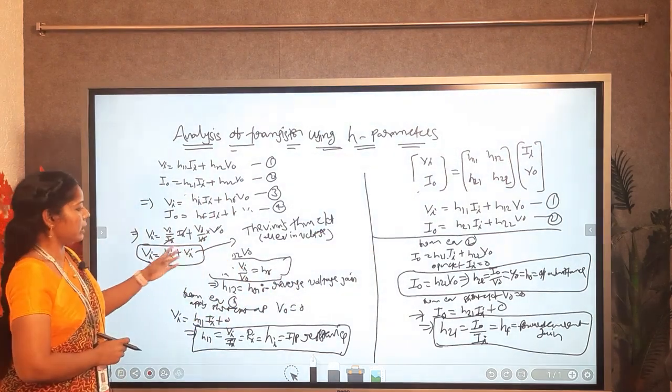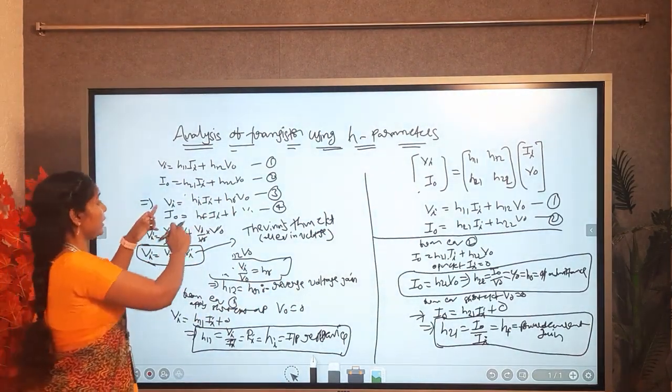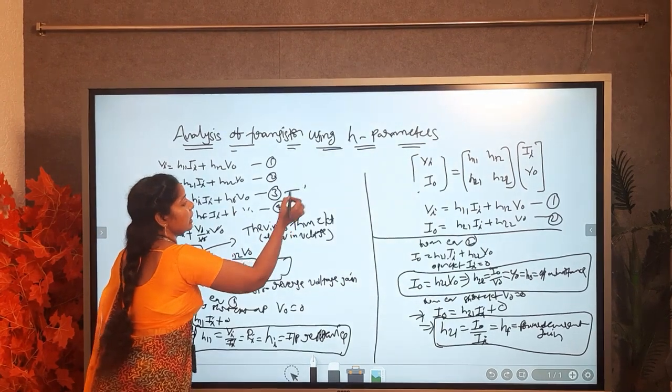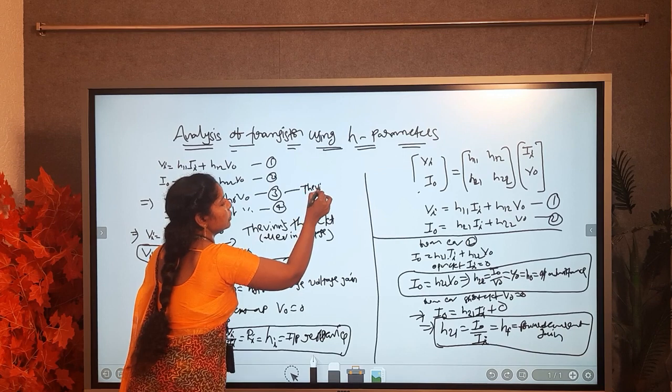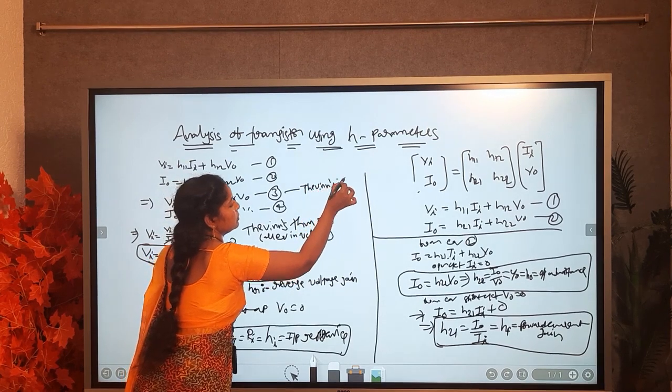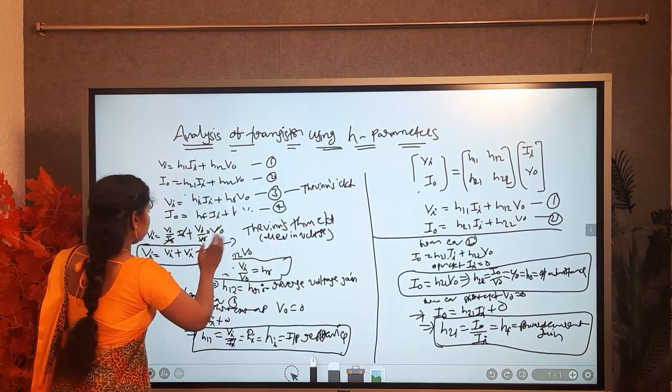That's why you apply Thevenin's circuit for equation number 3.